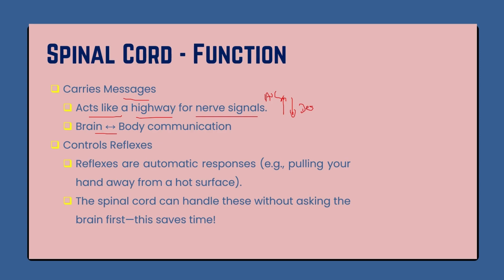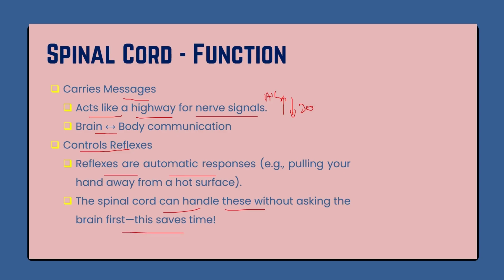All right. Next, it controls reflexes. Reflexes are automatic responses, something that you do without thinking. For example, if you touch something hot, you remove your hand suddenly, right? Without even thinking. That's what is called a reflex reaction. It's an automatic response. Spinal cord can handle these without asking the brain first.